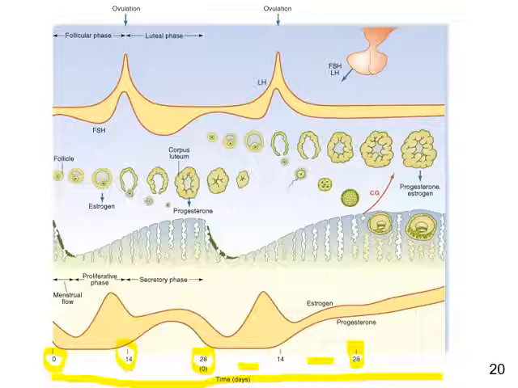So this is 2 menstrual cycles, one not pregnancy and one that results in pregnancy. And here are levels of progesterone and estrogen during those 2 cycles.